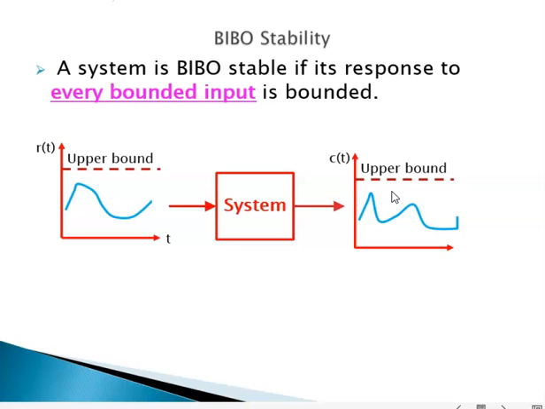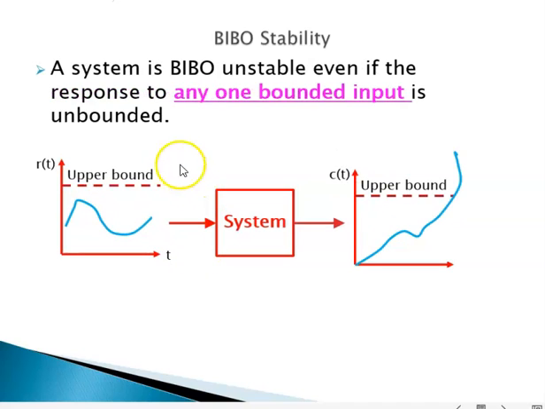If there exists any one input for which the response of the system is unbounded, we say the system is unstable. And we say that a system is BIBO unstable even if the response to any one bounded input is unbounded. If this happens even for one input, the system is not BIBO stable.